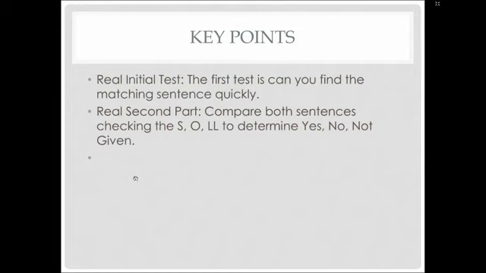The real initial test is, can you find the matching sentence quickly? That's the first thing they really are testing, your scanning ability. IELTS reading comprehension is really about your ability to scan. The second most important thing is that you have to recognize that you're comparing two sentences and checking the subject, object, and the limiting language to determine if things are yes, no, or not given, or true, false, or not given.